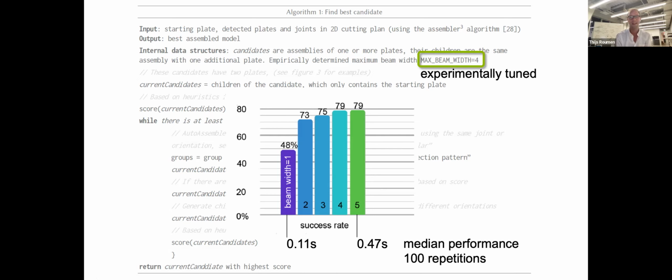So we still had an increase when you go to a beam width of about 14 or 15. But as you see, the performance also goes up with an increased beam width. So we decided to cap it at 4, as the results would already be relatively good, at 79% accuracy. And the ones that are still wrong, you can easily override by, after assembling the model, reassembling one of the plates, and then fixing the model as a result.